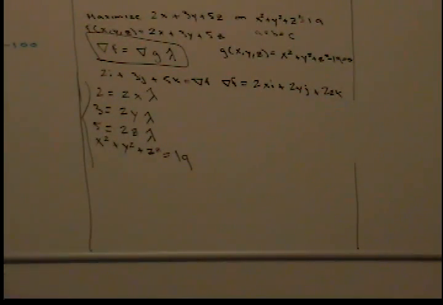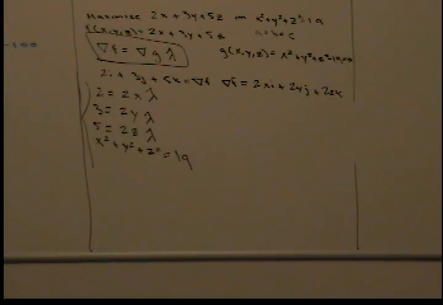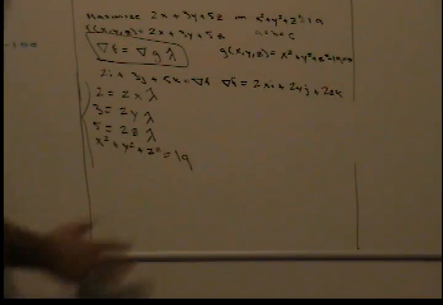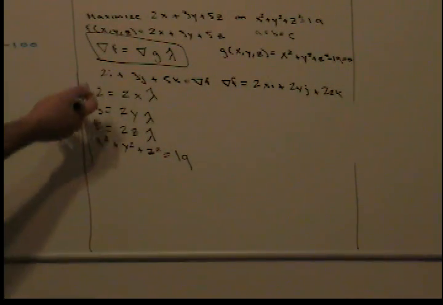Up to this point, we have to figure out what x, y, and z are. In order to do that, we're going to have to somehow find what lambda is. So we see that 2 equals 2x lambda, 3 equals 2y lambda, 5 equals 2z lambda, and we have the initial equation. So we solve for x, y, and z.